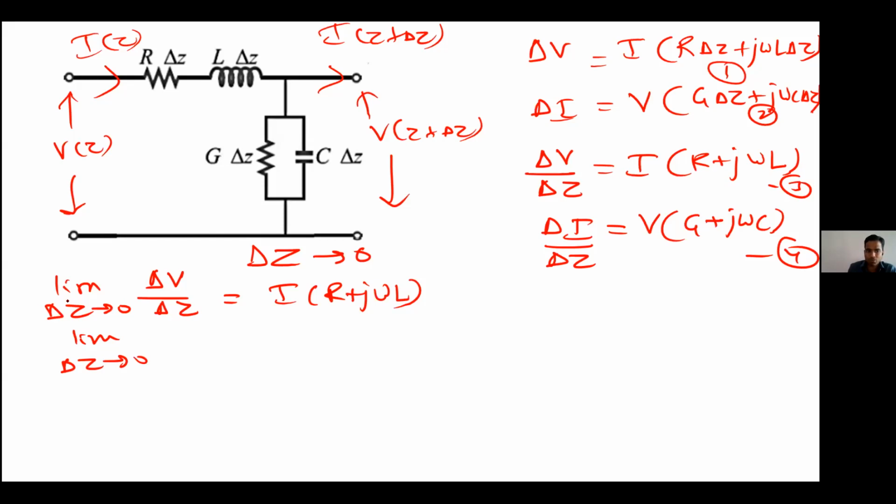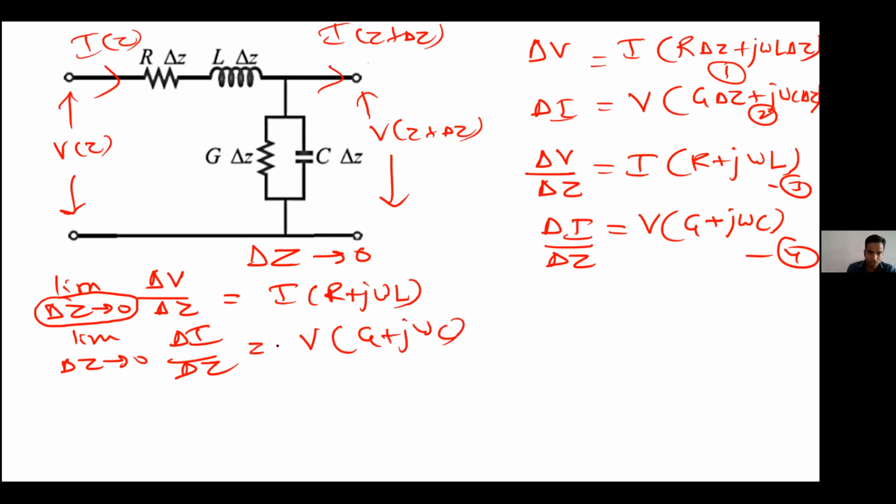Why? Because why we assume this? This is clear, right? Because for any arbitrary high frequency, what we can do? We can apply lumped circuit analysis, right? That is why we assume this, to apply lumped circuit analysis for any arbitrary high frequency. This is our assumption.